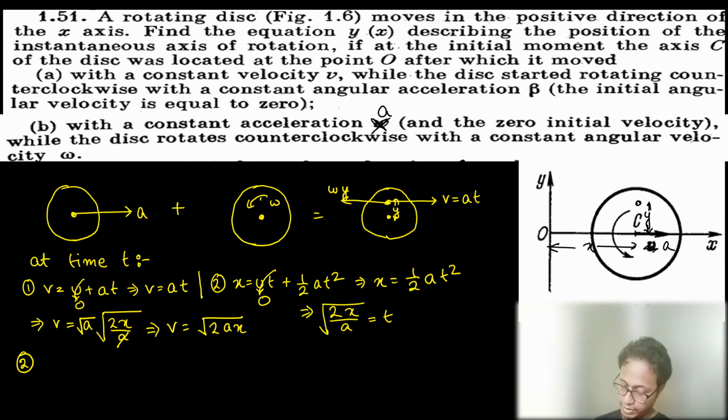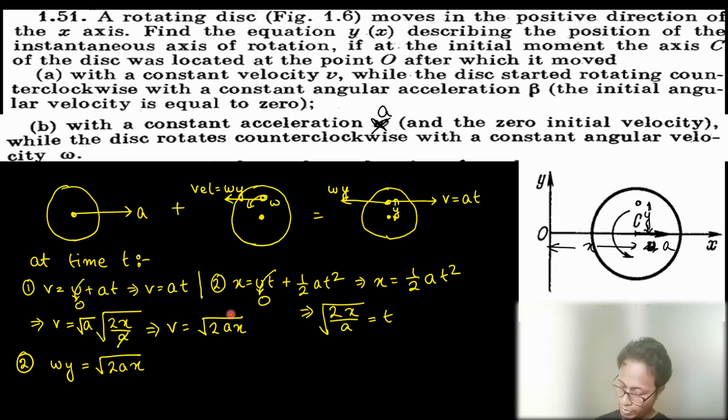Now the second part of the equation. What is the velocity due to this part? Velocity due to this part is equal to omega into y. And to find out the instantaneous axis of rotation, the velocity due to rotation, omega into y, is equal to the translational velocity, which is a into t, which we just obtained as under root of 2ax.